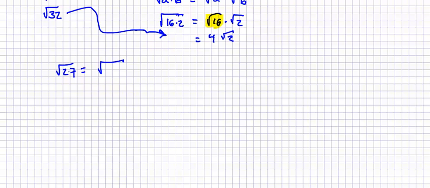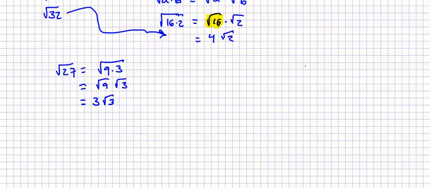Now, if you know this off the top of your head, you can just write it. 9 times 3. If you don't know it, then we'll have a procedure for going through that, which I'll go through in a minute. So this is equal to the square root of 9 times the square root of 3. We don't need the dot. You can put it there if you want, but we don't need it. Which is then equal to 3 times the square root of 3.